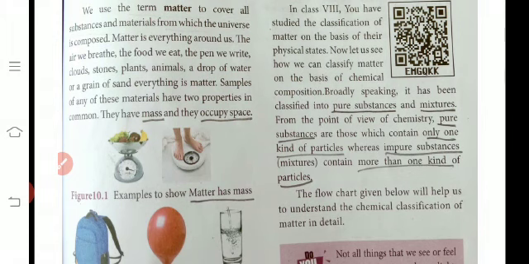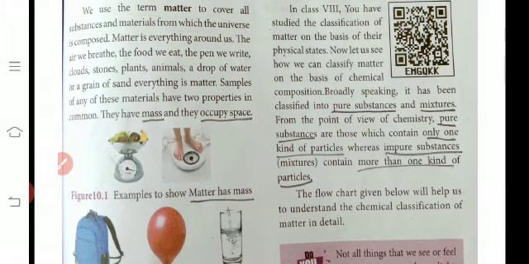If you have only one kind of particles, that is called a pure substance. Two or more kinds of particles are present in mixtures.